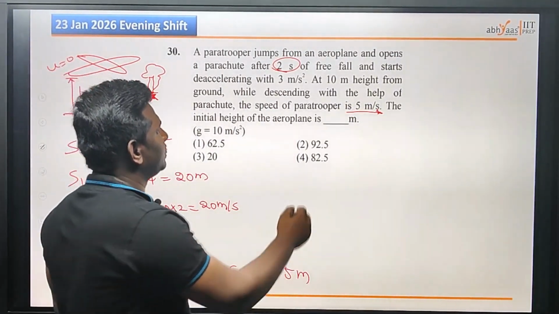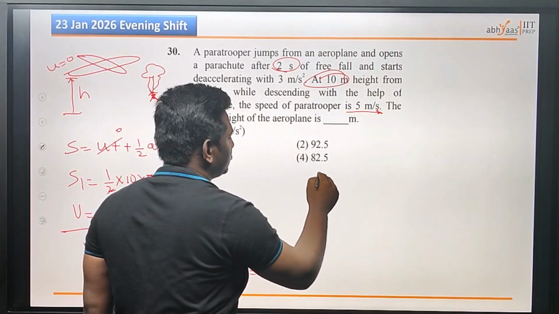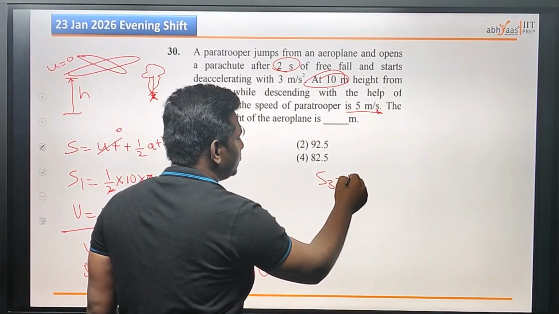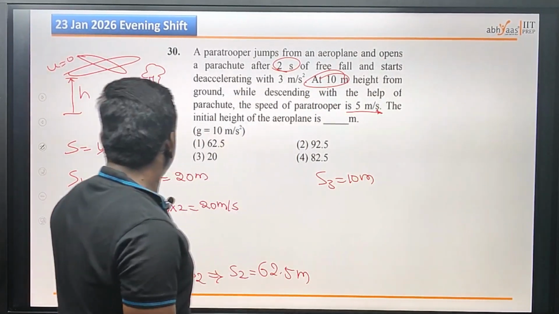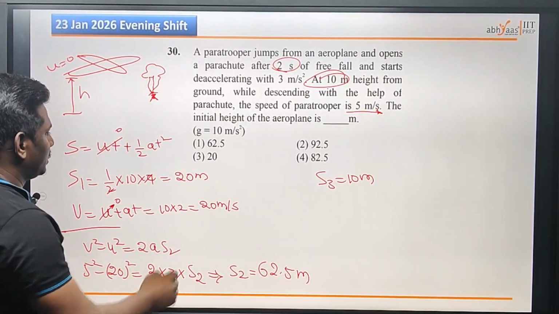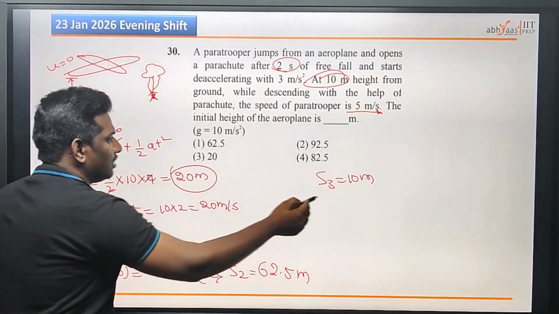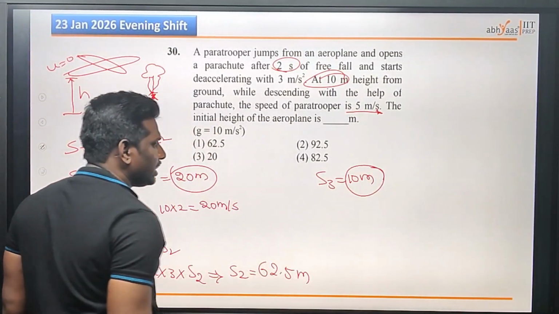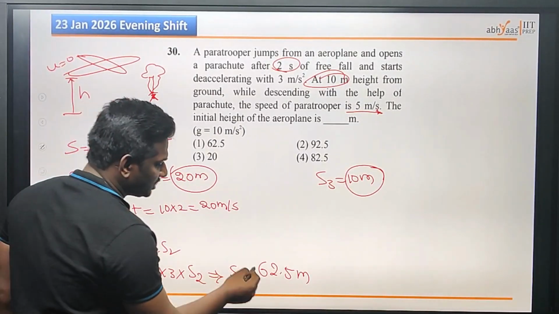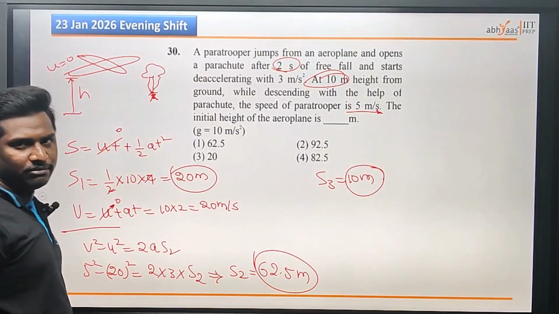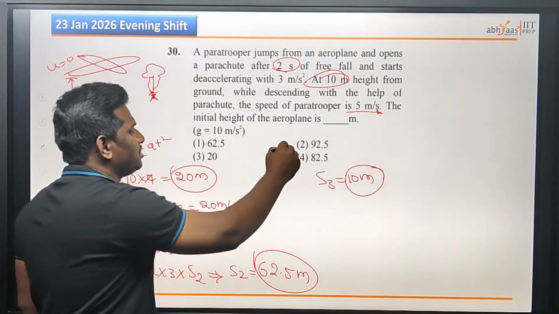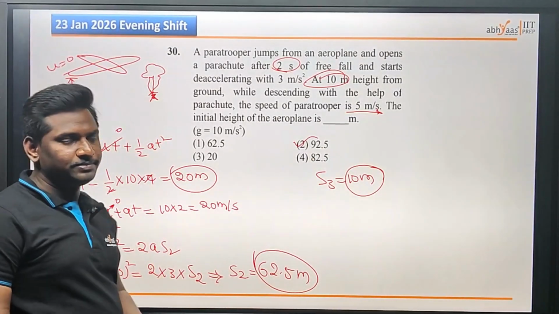What is S3? They have given already S3. That is 10 meter. So S1 20 plus 10 is 30, plus 62.5. You will get a 92.5 height.